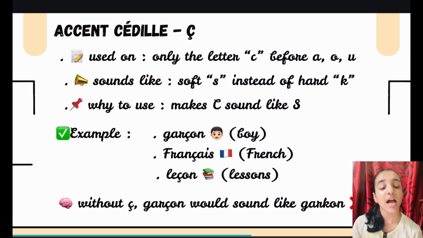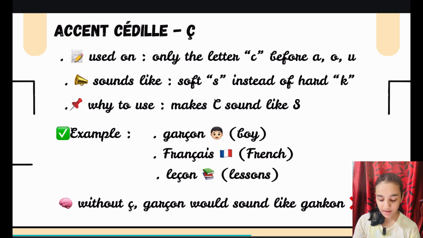So the next is accent cédille. It is used only on the letter C before A, O and U. It sounds like a soft S instead of a hard K. Why use it? Because it makes the C sound like S. Examples: garçon, français, leçon.